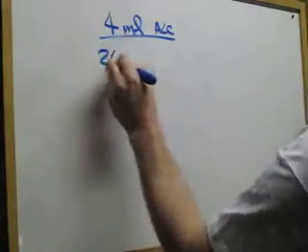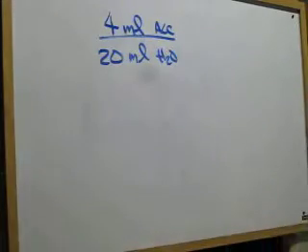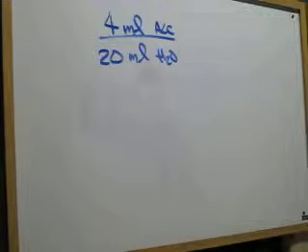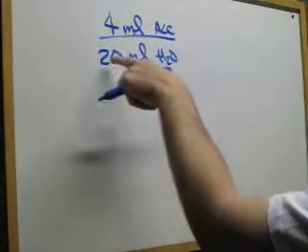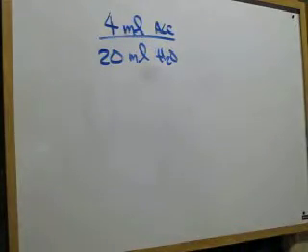So there's my ratio: 4 milliliters of alcohol for every 20 milliliters of water. So our container has 24 milliliters of solution, 4 of those being alcohol, 20 of those being water.